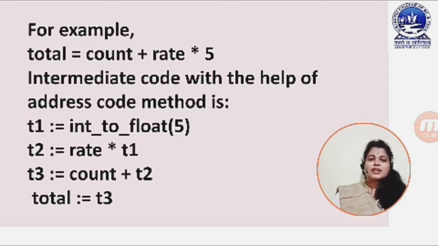It means that we are coming from right to left. I think you are getting this one. When you are calculating an expression, it is either from left to right or right to left. It is calculated from right to left here because multiplication has greater precedence than plus. In this way we are calculating t1, t2, t3, all temporary variables.